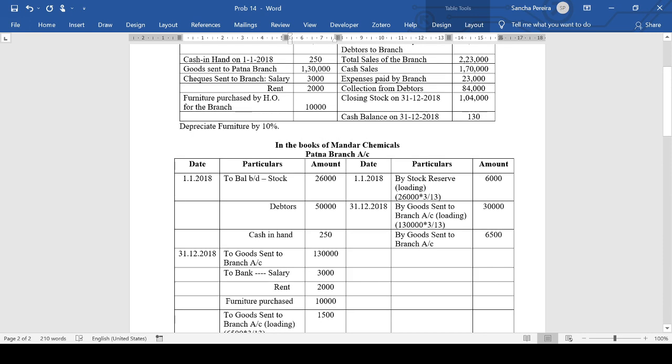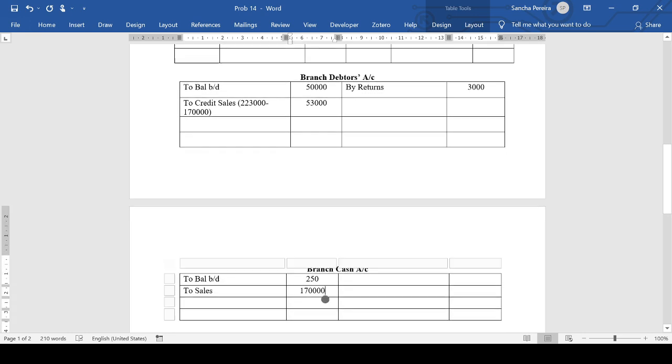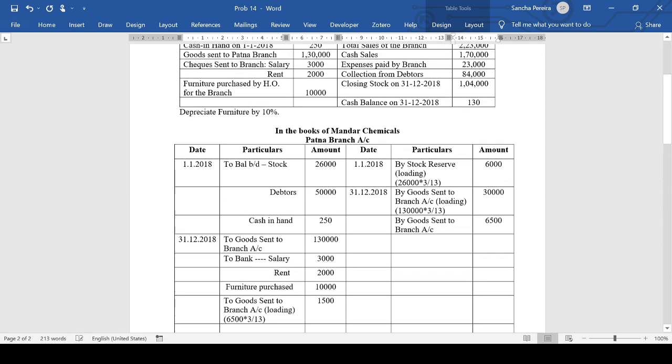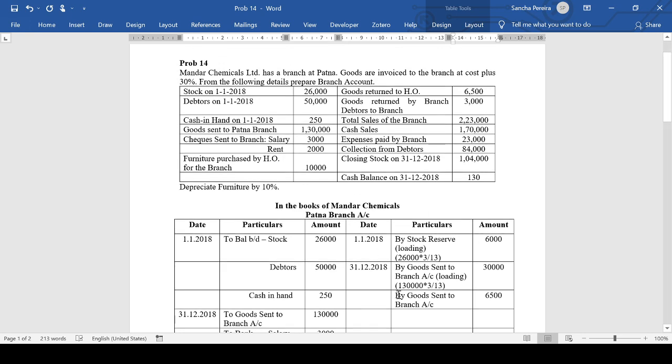1,70,000. Expenses paid by the branch, 23,000. Since it's paid by the branch, it's not going to come in the branch account but in the cash account, because money has gone out. By expenses, 23,000. And collection from debtors. Again, this would normally go in the branch account, but right now I'm not putting it in the branch account because they have not said immediately sent to the head office.